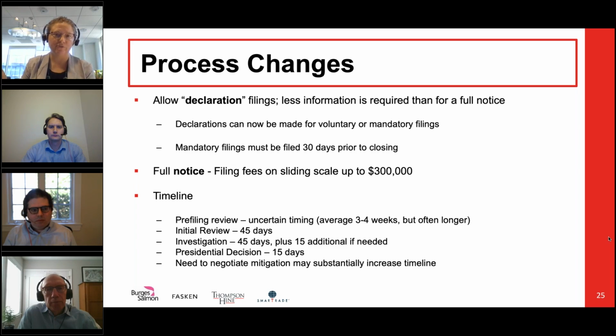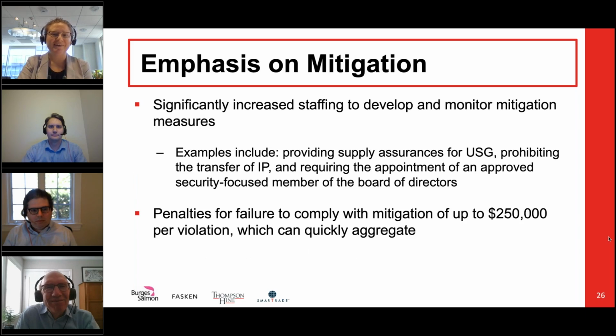So almost a third, they asked them to then file a notification. So they tacked 30 days on their timing. And in 32, CFIUS said that they were unable to make a decision based on the declaration. They left it up to the parties whether to file a full notice. And in 35 of them, they cleared the transaction. So I could go on and on about declarations, but I will move on to the next slide.